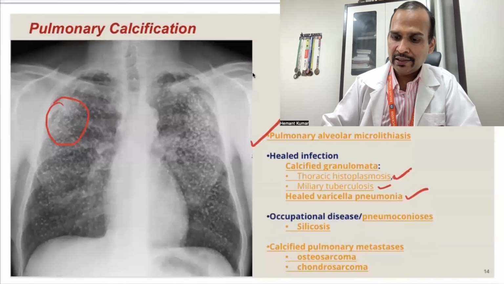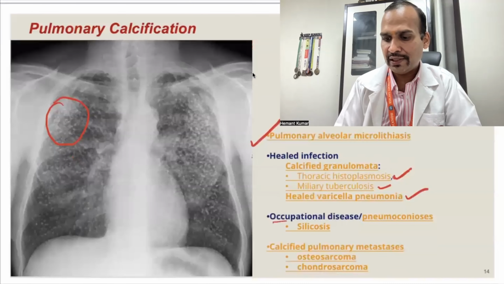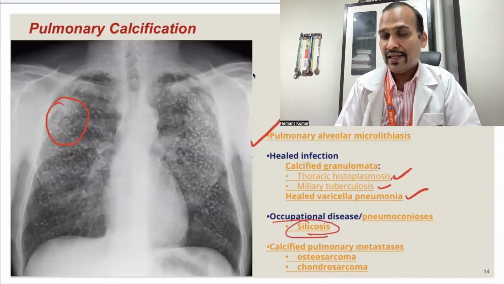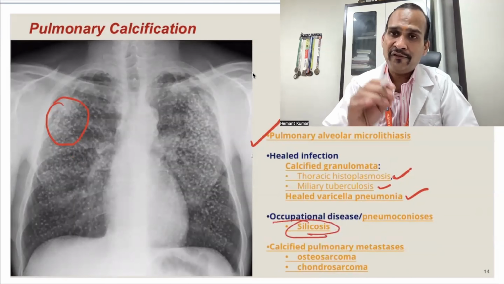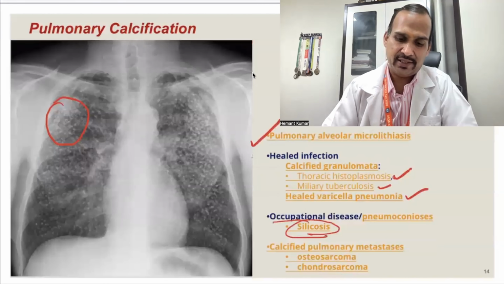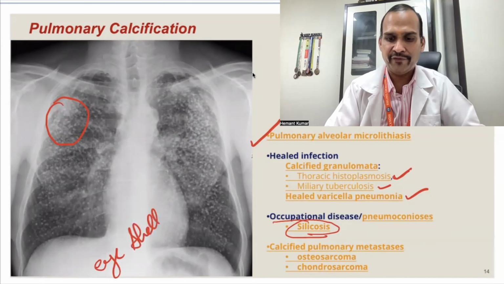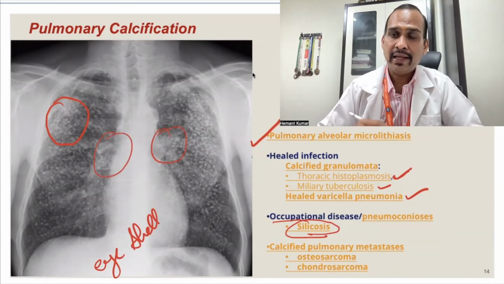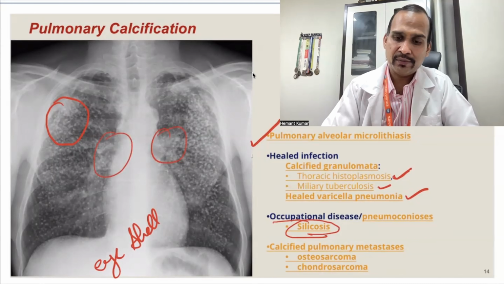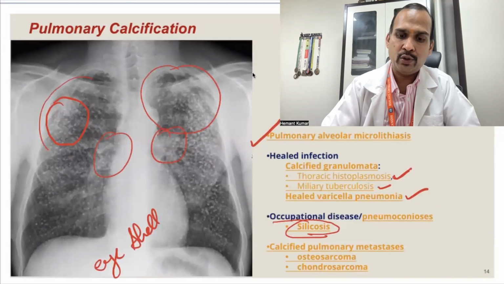Okay. Other differential diagnosis, occupational disease like silicosis. In silicosis, you will find eggshell calcification of hilar lymph nodes, and the calcified nodules will be more in the upper lobe.